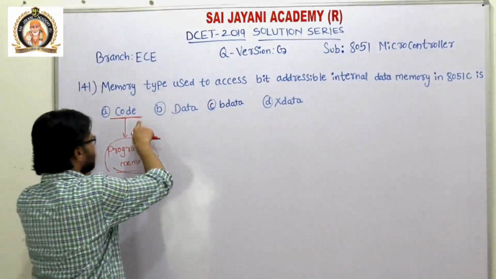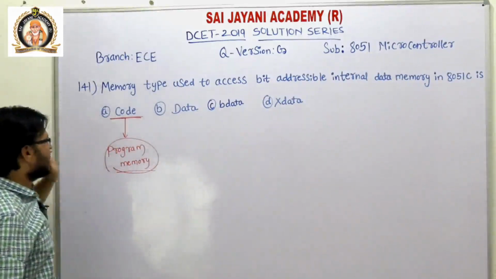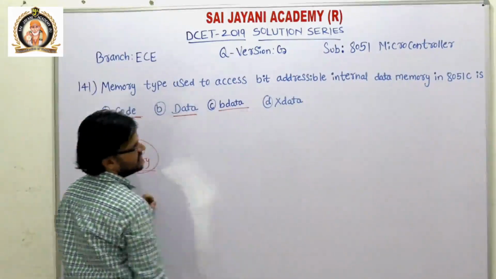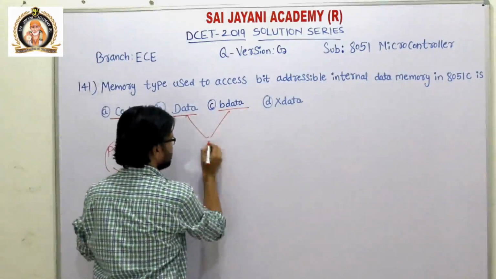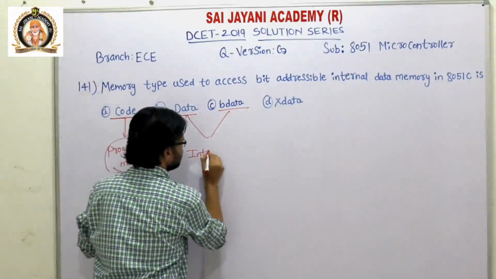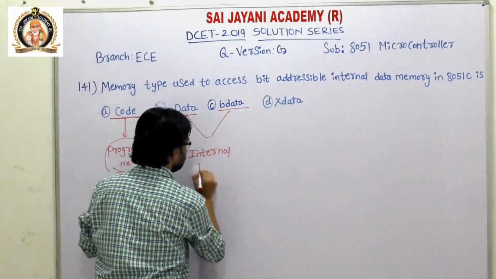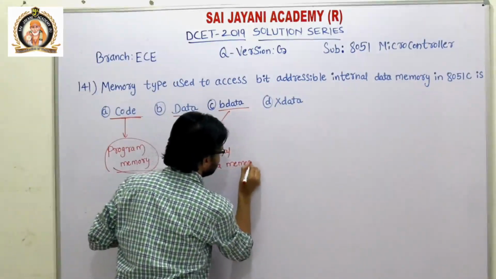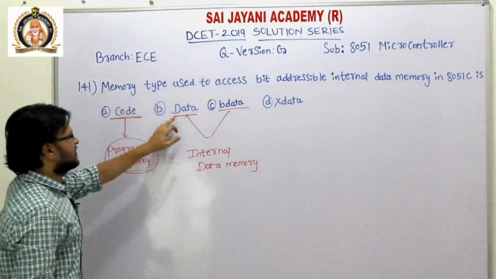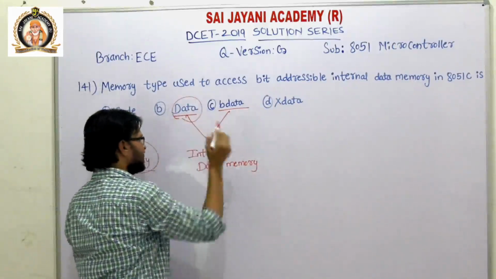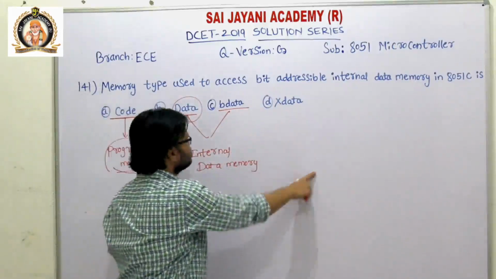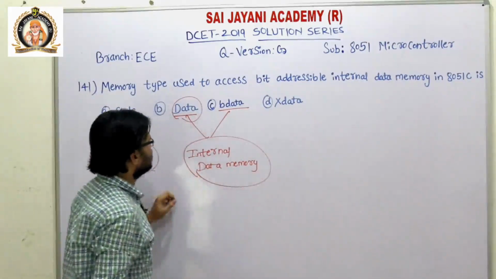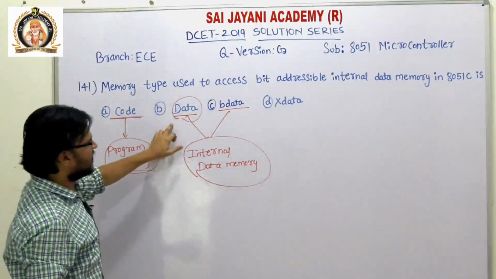Similarly, data and bdata are the internal data memory. The 8051 accesses the internal data memory by using the data area.